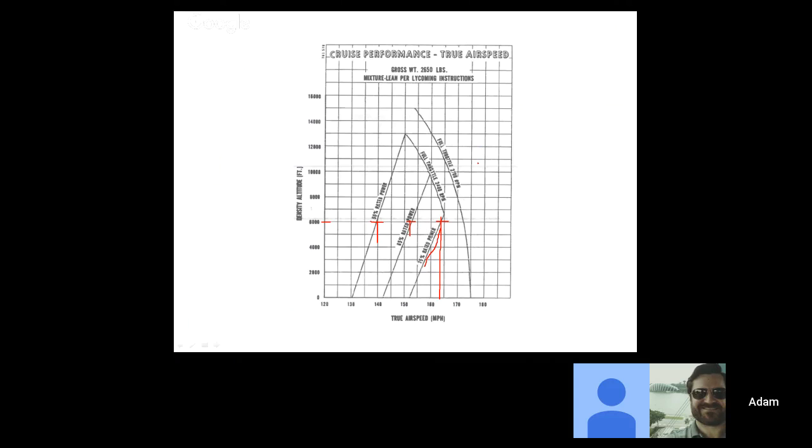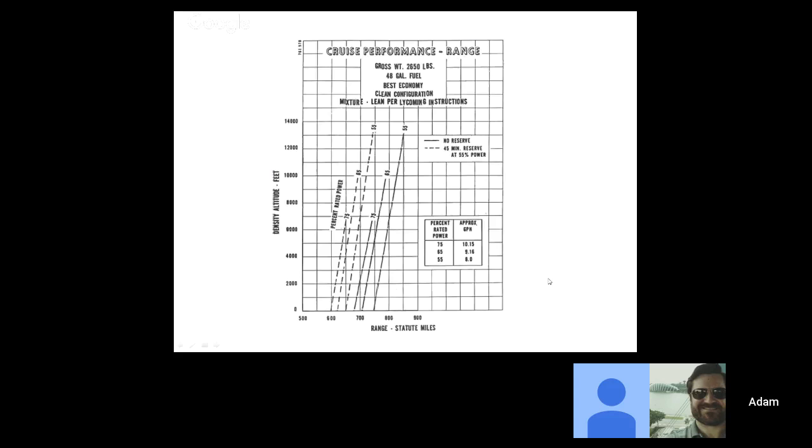So in this specific aircraft, Piper doesn't give tables; it gives it in graphical form, which is okay. You can find your true airspeed. This aircraft also has a range chart.